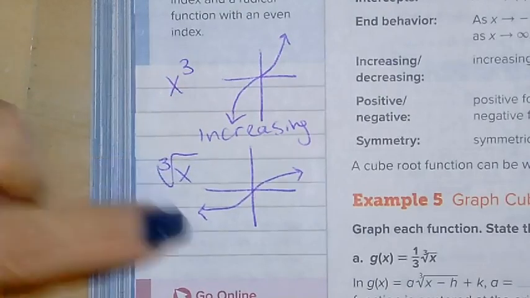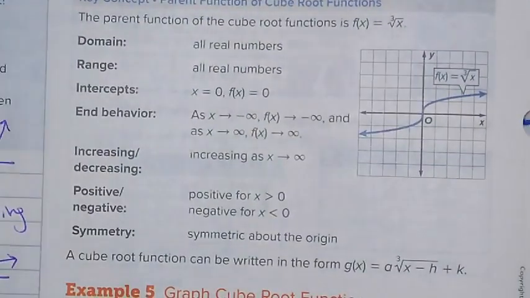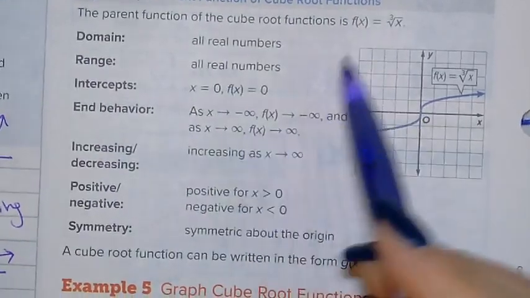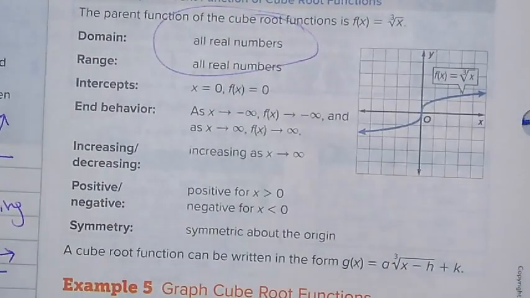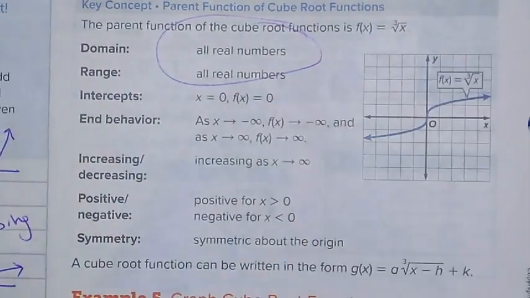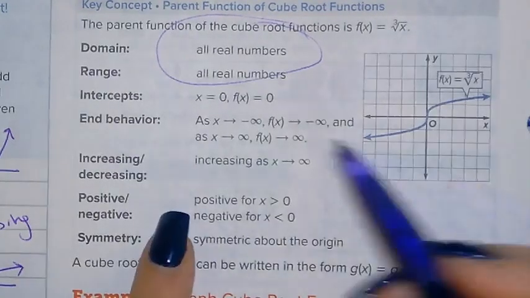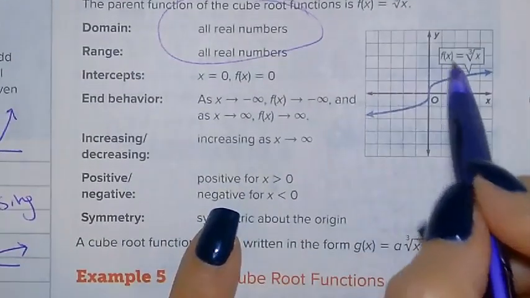Okay, cube root. Here is the cube root function. You have both ends. You have domain and range all numbers, just like if you have cubed, fifth power, all your domain and range are all numbers. Positive and negative, it is positive here on the right, it is negative over here on the left.